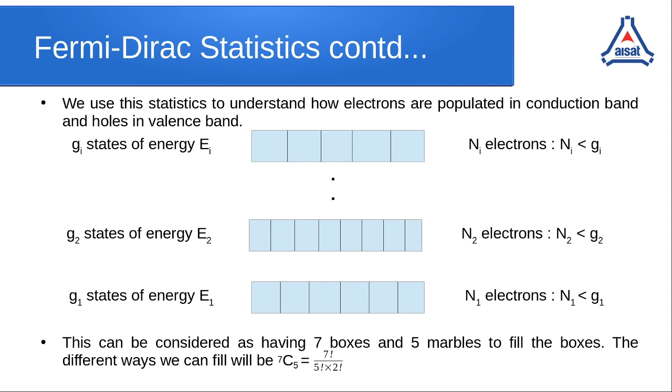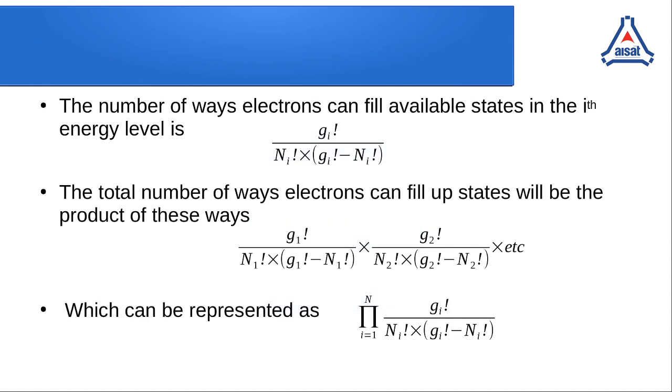C stands for combination, from permutation and combination, which is equal to 7 factorial by 5 factorial into 2 factorial, which is a standard mathematical equation. That equation can be considered to find the number of ways electrons can fill available states.